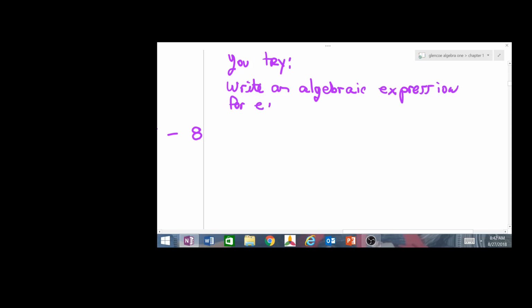These examples here that I'm choosing come from your textbook, so if you ever go back or a tutor's helping you or a parent picks up the book, you've got examples not only from our notes, but examples from the textbook as well. Write an algebraic expression for each verbal. So let's give you one.